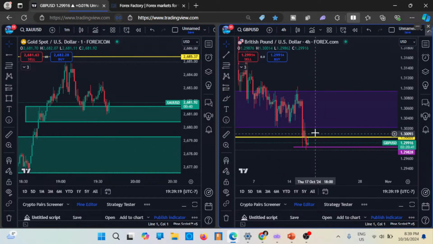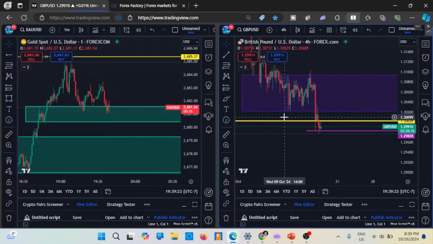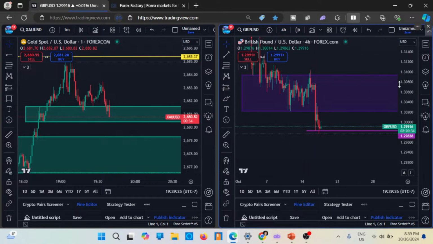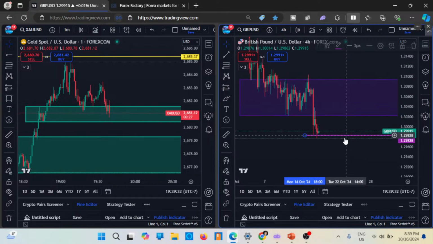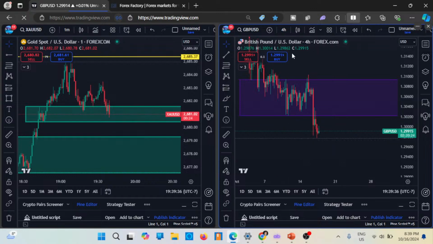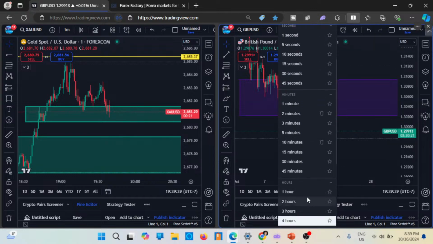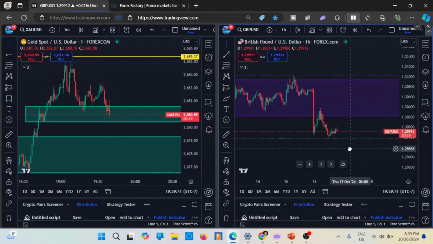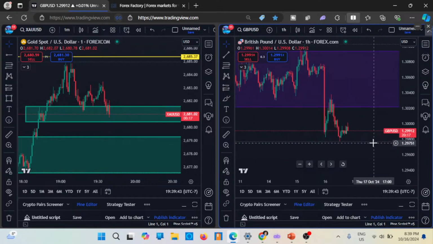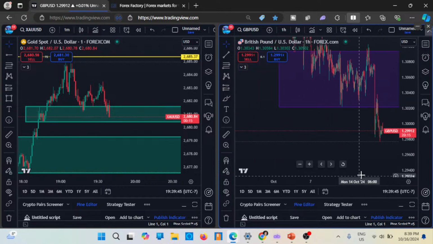Even on the 4-hour time frame, it is in a downtrend, and our resistance is about the same level here, 1.30. So that's it on the 4-hour time frame. And then lastly, let's check the 1 hour to see what's going on. On the 1 hour time frame, it's pretty much the same thing.